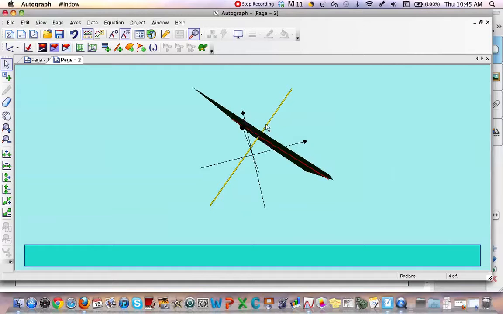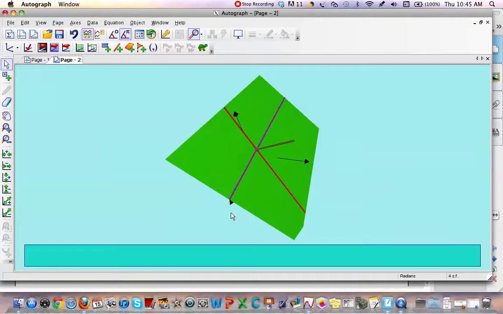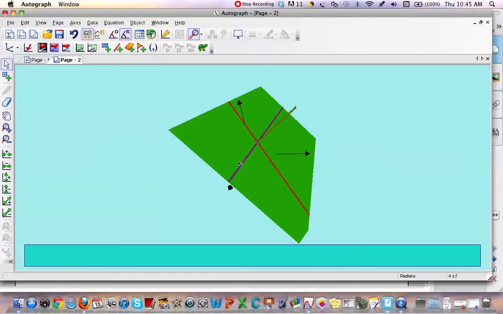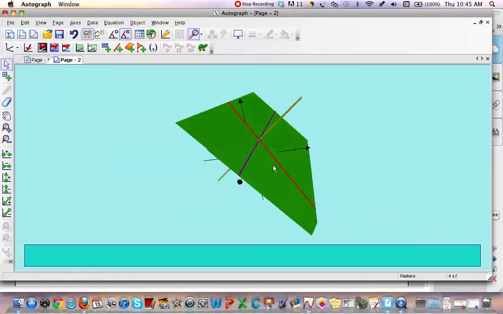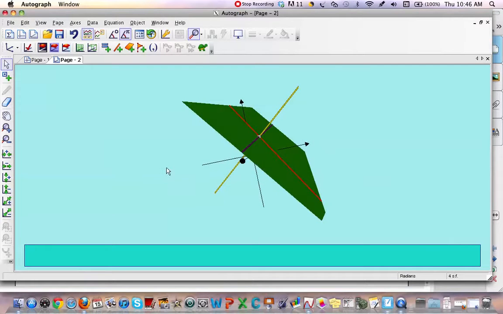And what should hopefully be obvious from this is that that line, or that vector, is perpendicular to both of the lines within the plane, and in fact is perpendicular to the plane at all points contained within that plane. And the normal is key to the derivation of the Cartesian form of the equation of a plane.